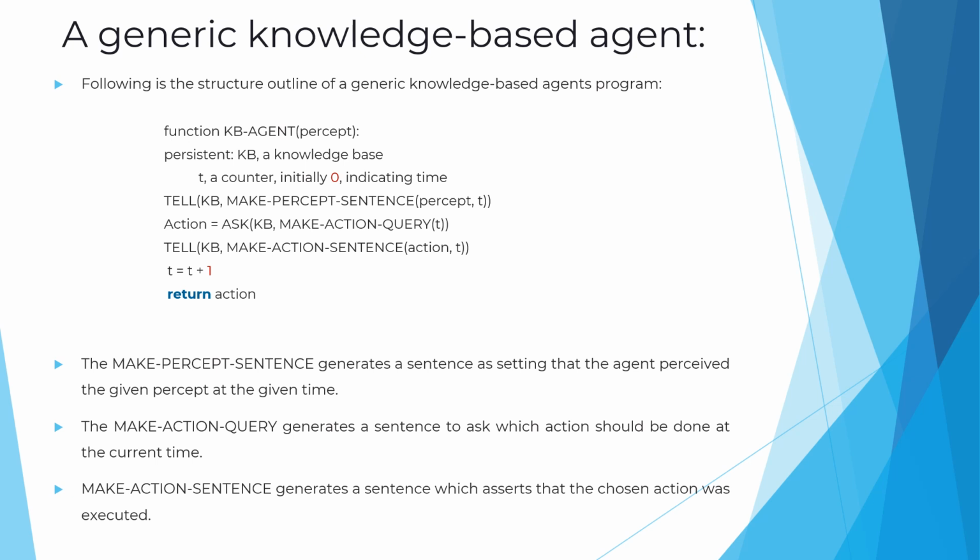The second one, make action query, generates a sentence to ask which action should be done at the current time. And the third, make action sentence, generates a sentence which asserts that the chosen action was executed, increments the timer value, and returns the action.